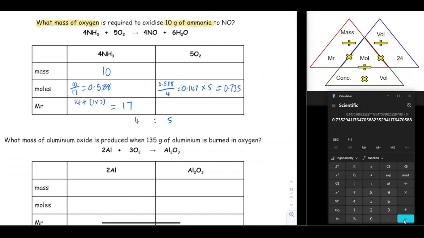My relative molecular mass of oxygen is 16 times 2. That is 32. So I just times by 32. And that gives me 23.5. So my final is 23.5 grams. So 10 grams of ammonia is going to make 23.5 grams of oxygen.